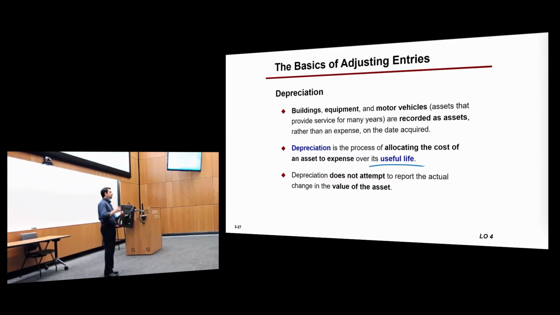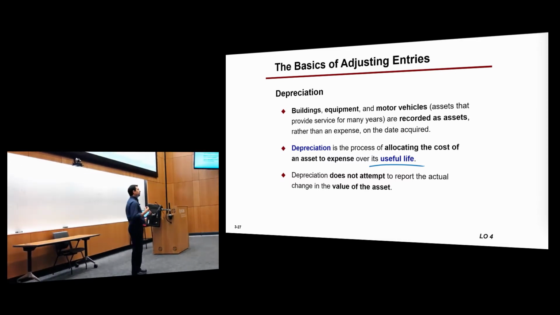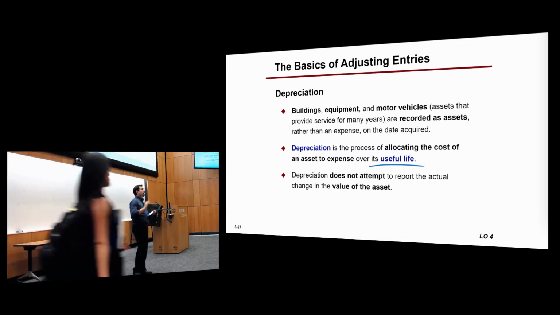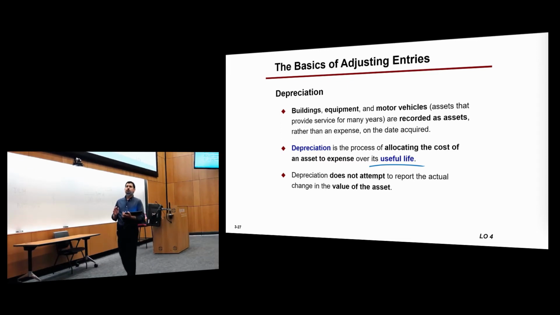The information in the unadjusted trial balance is most of the time out of date, right? So in order to bring it up to date, we have to make certain adjusting entries. And we said that there are two types of adjusting entries: deferrals and accruals.